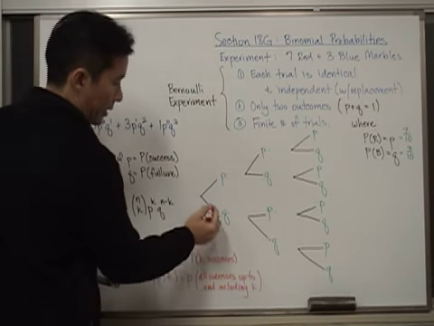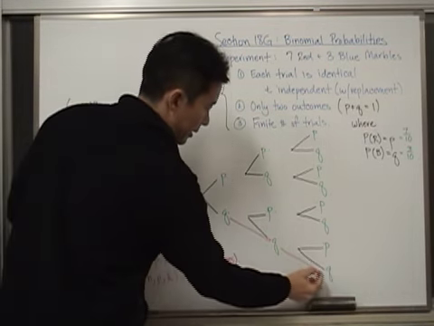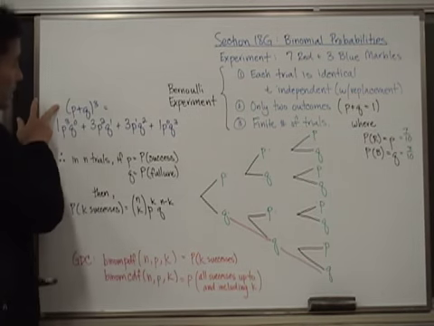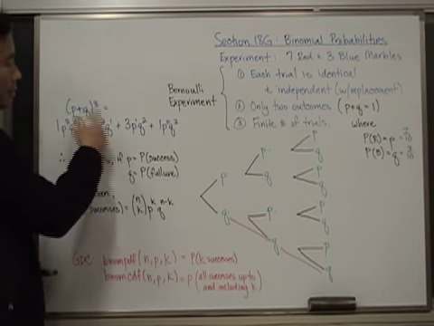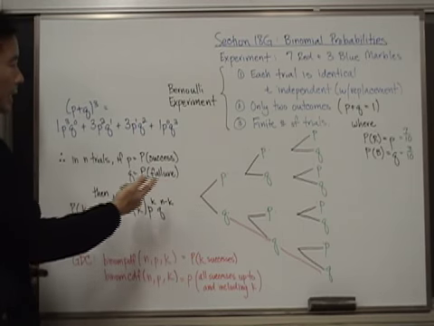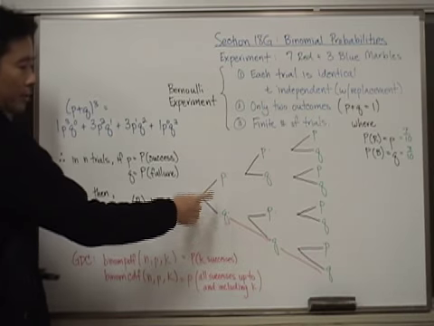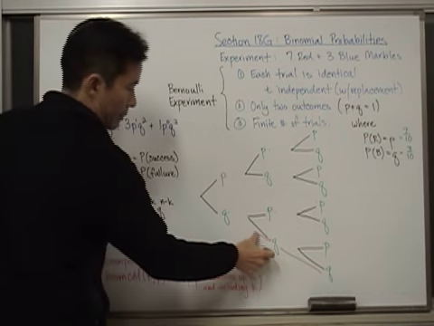And sure enough, that path is described by this path there. So if we take a look at this, P plus Q raised to the third, which is our binomial expansion, is going to describe all of the probabilities that are possible for this particular Bernoulli experiment.